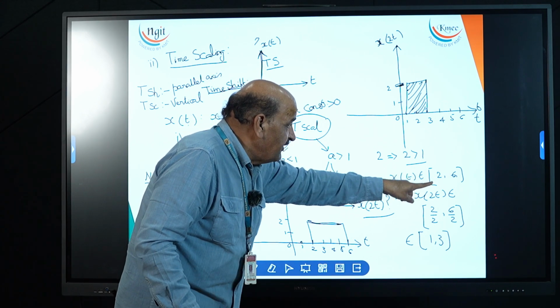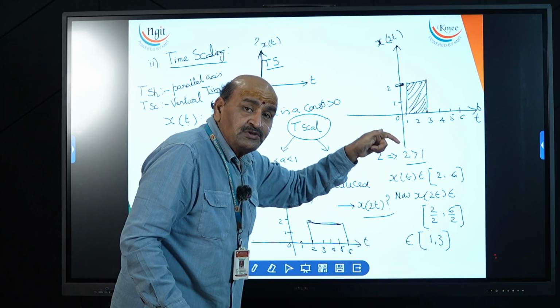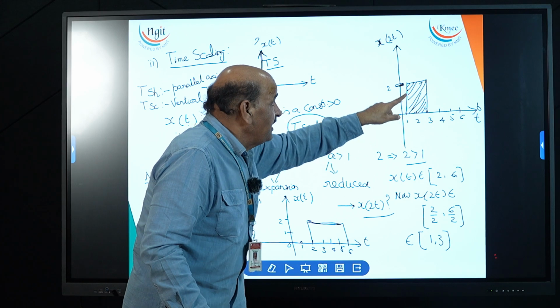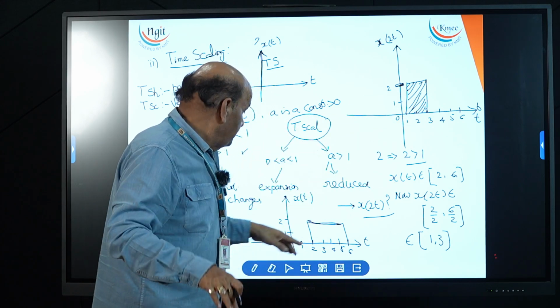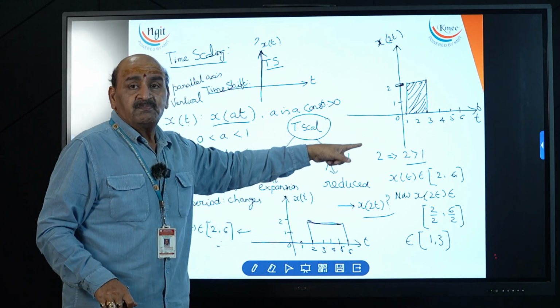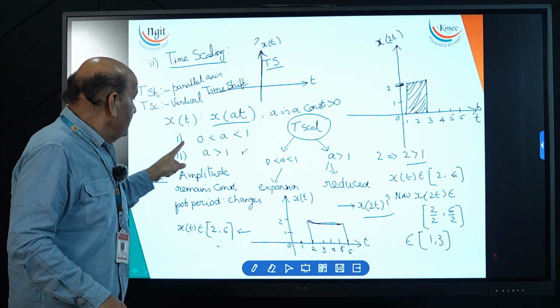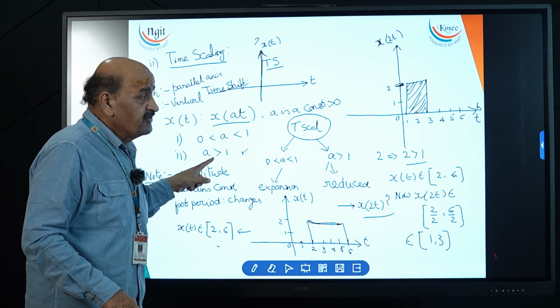Divided by 2 means what? 1, 3. So the new signal we have to draw from 1 to 3 only. But there is no change in the amplitude. These two things students have to understand very properly. This is time scaling. This is the first condition we discussed.